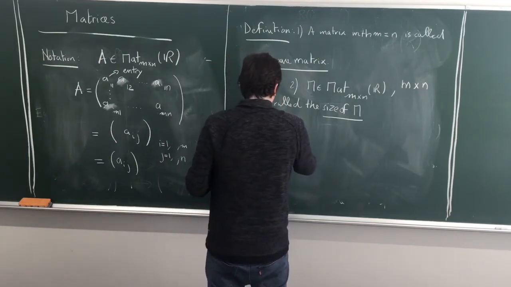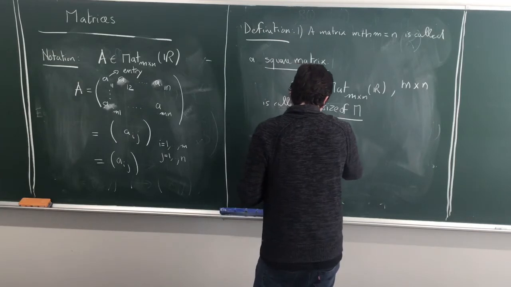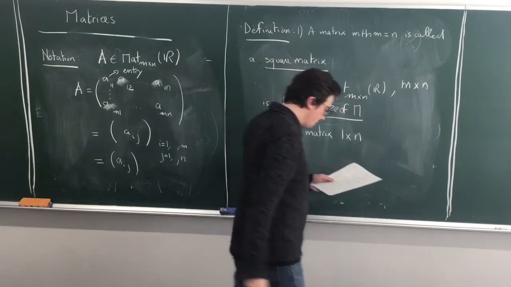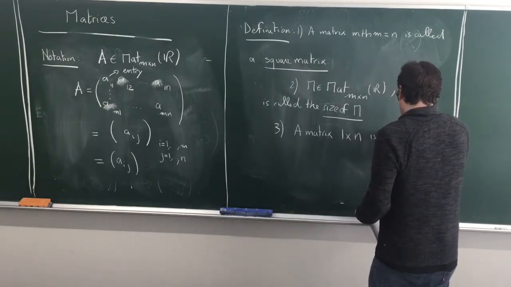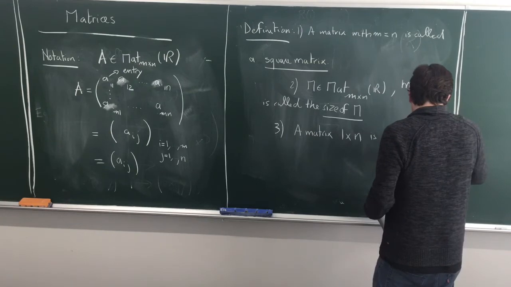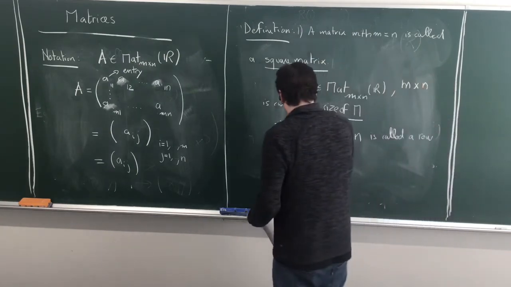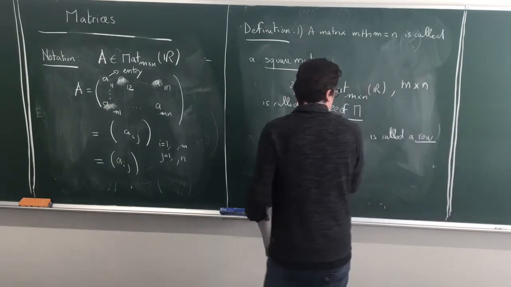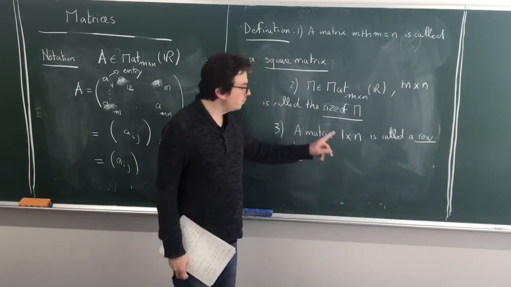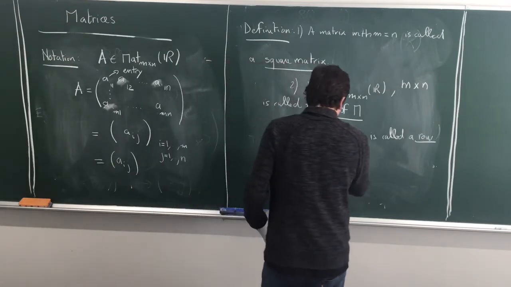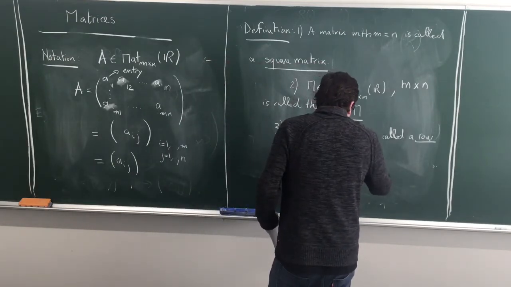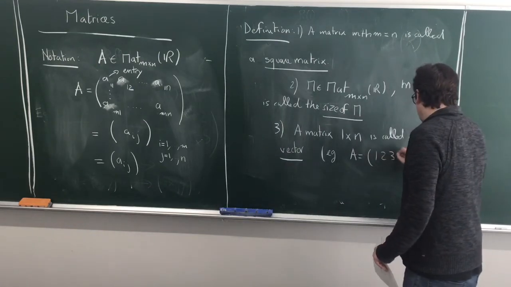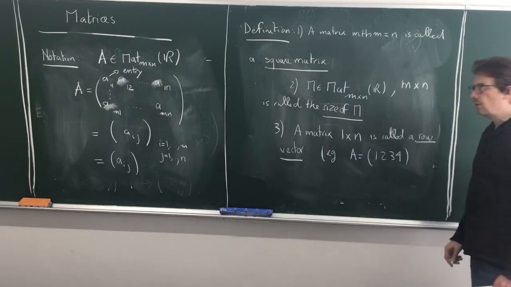Okay, so definition: a matrix 1 times n is called a row vector. So we have only one row and n columns. Such a matrix, for example, will be something like one row and 1, 2, 3, 4. This is an example of a row vector.